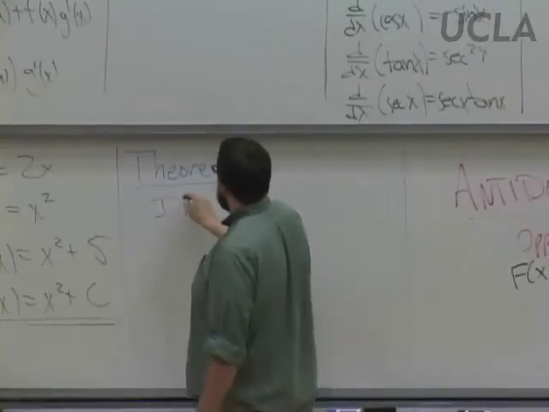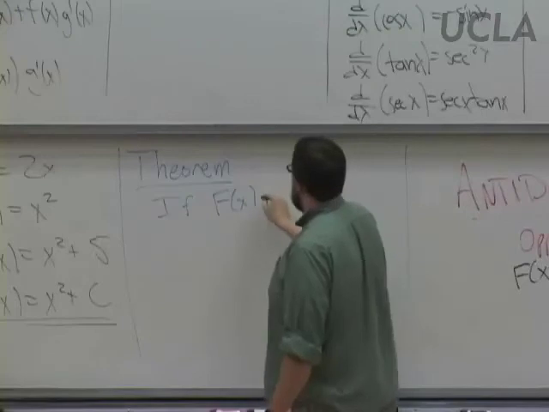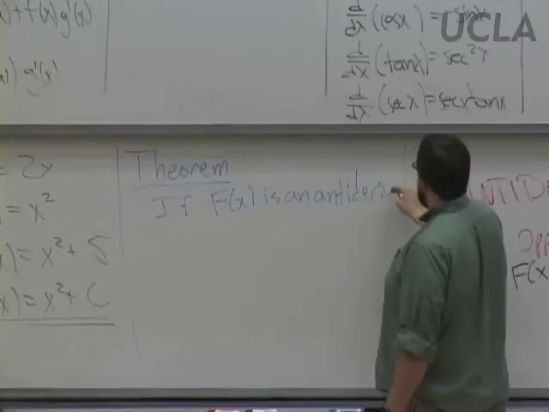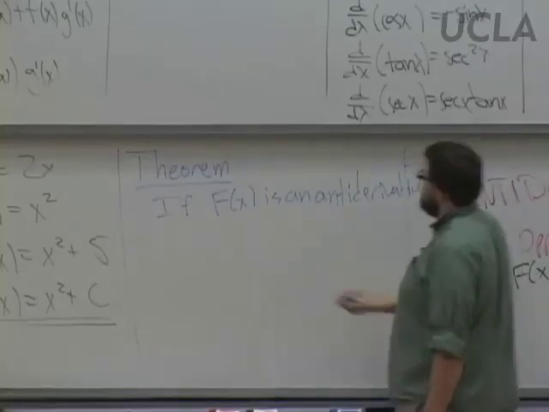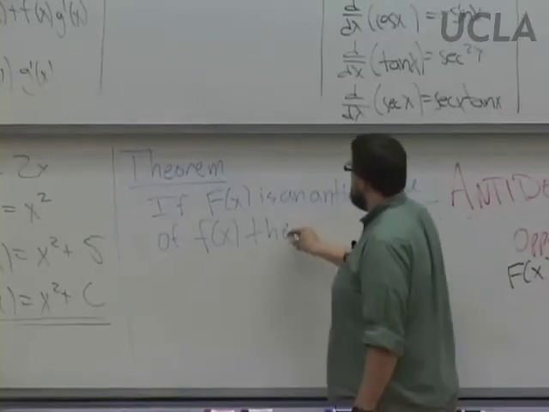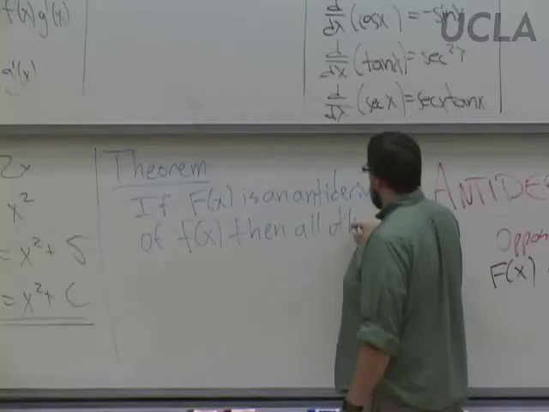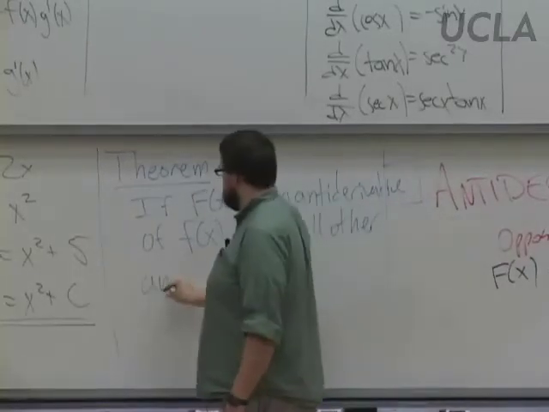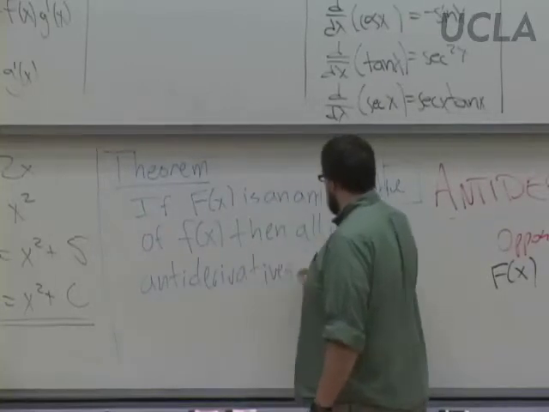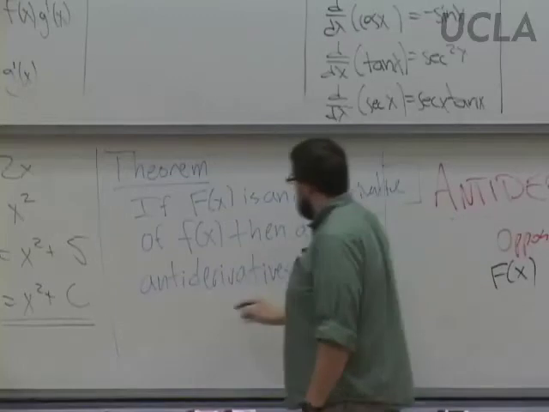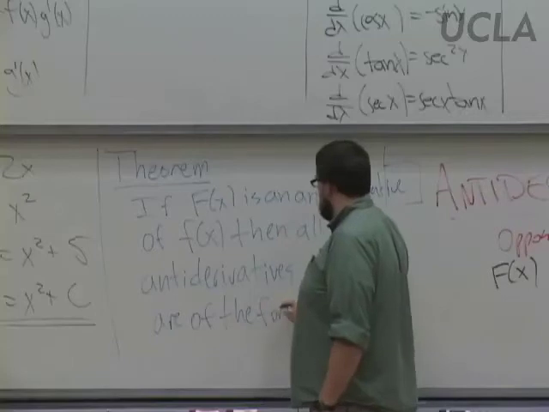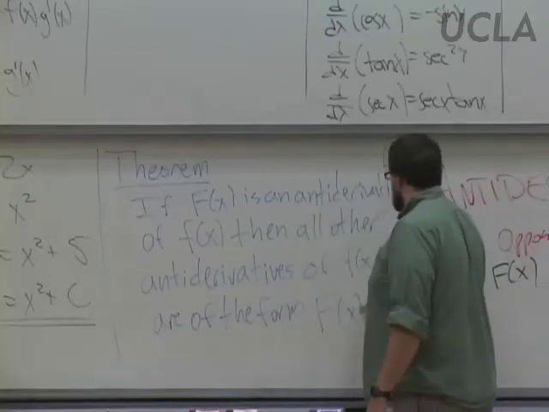It says that if capital F of x is an antiderivative of little f of x, then all other antiderivatives of little f of x are of the form capital F of x plus a constant.